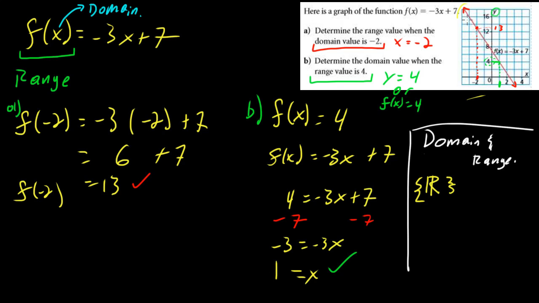It extends to negative infinity this way for our x values, and extends to positive infinity for x values in this direction as well. So we would just say real numbers. If we wanted to, we could do this in interval notation and say it's negative infinity to positive infinity like that. Our range would be literally the same thing.